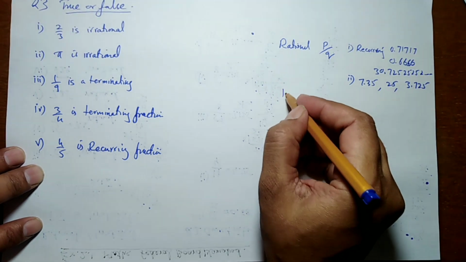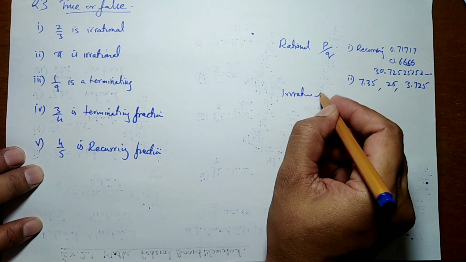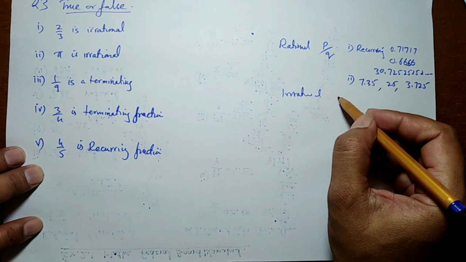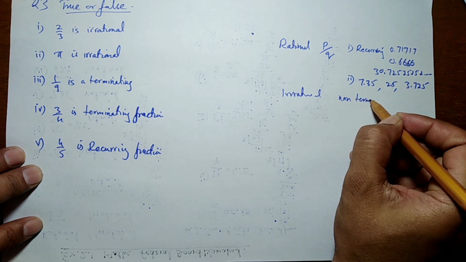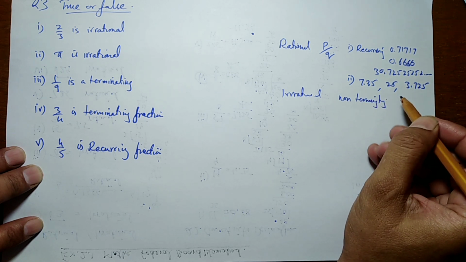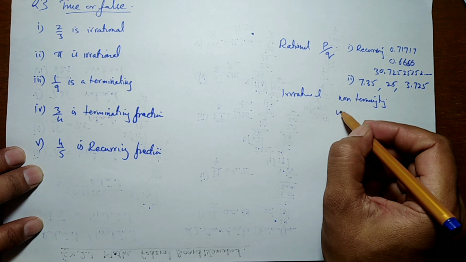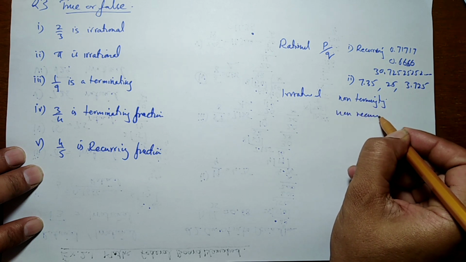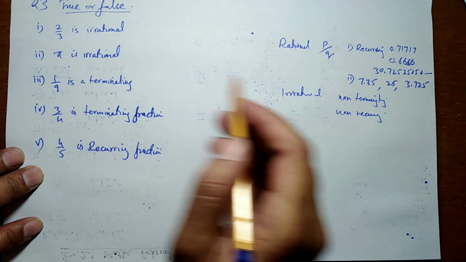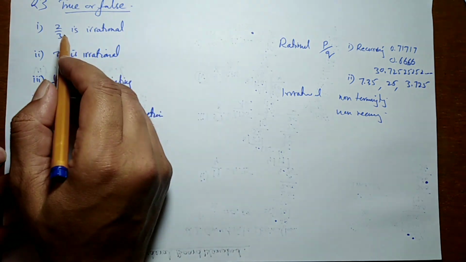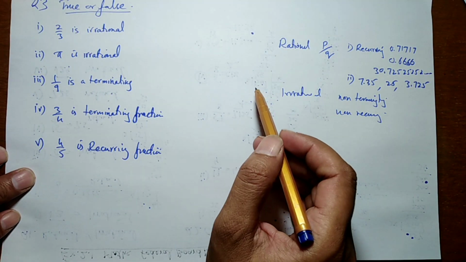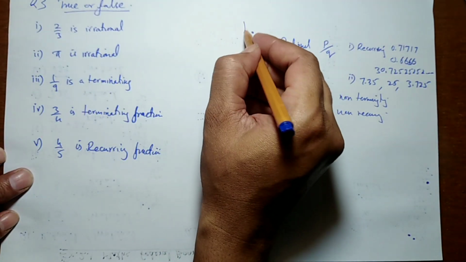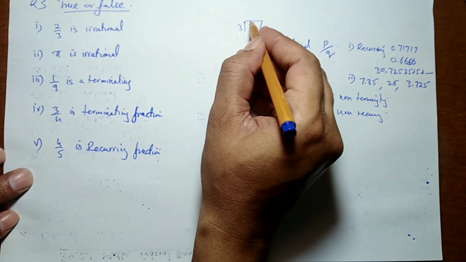So for irrational numbers, the answer is non-terminating and non-recurring. So we have to now identify these fractions, whether they are rational or irrational. Okay, 2/3. Let's divide 2 by 3.